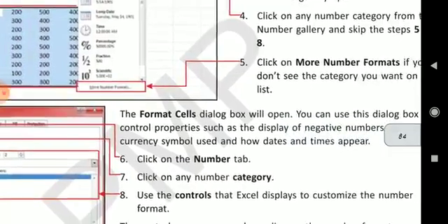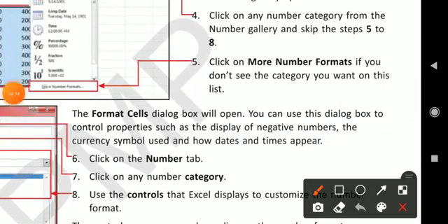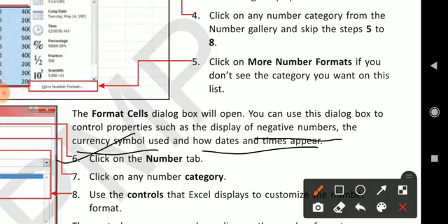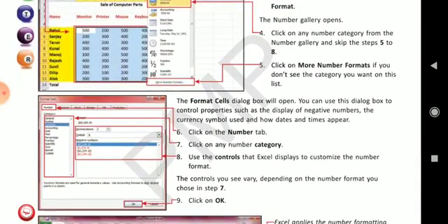Format cells dialog box will open, and you can use this dialog box to control properties such as display the negative numbers and the currency symbol, and how dates and times appear. So click on the number tab and then click on any number, okay, and use the control to display. Customize the number format.